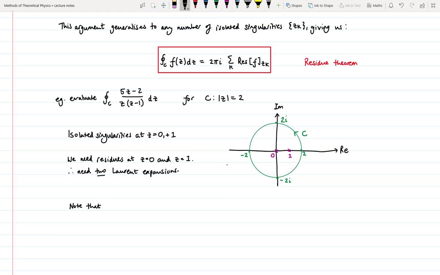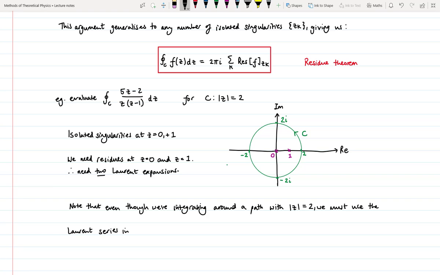Note that even though we're integrating around a path where the distance of z from the origin is 2, it's vital that we use the Laurent series in the neighbourhood of each singularity.